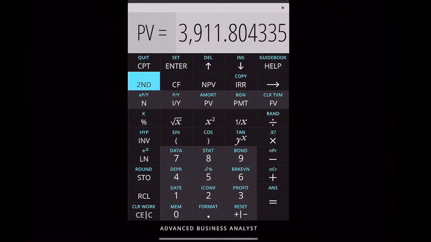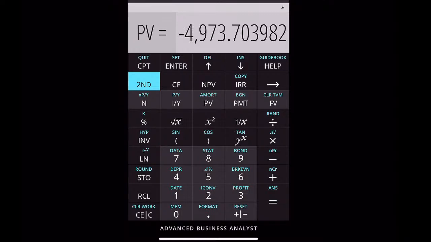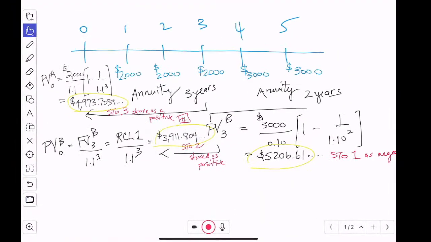So I store that in 2, and then for the last part A, it's going to be 3 years at 10% of $2,000, and I want the present value of that amount. Is that the right number? Same number. And I'm going to store that in 3.